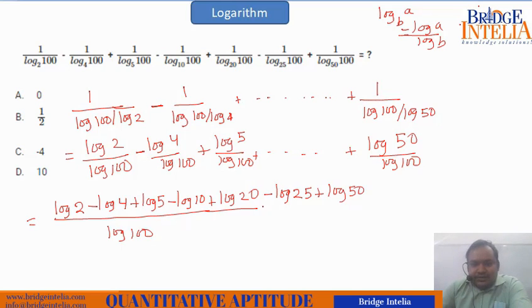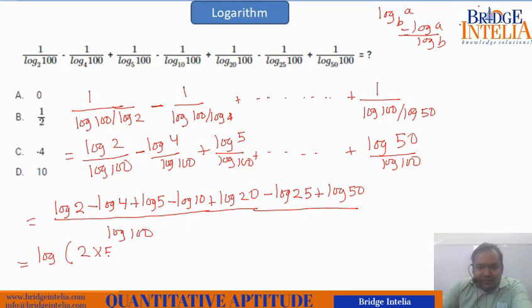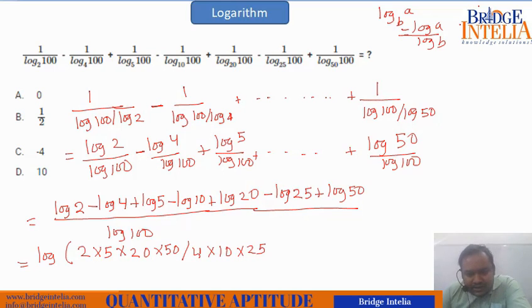Now you can apply the rule of product and division in the numerator. So the numerator becomes log of 2 into 5. All the plus terms are multiplied and all the subtracted terms are divided. So 2 into 5 into 20 into 50 whole divided by 4 into 10 into 25, which gives 1000.